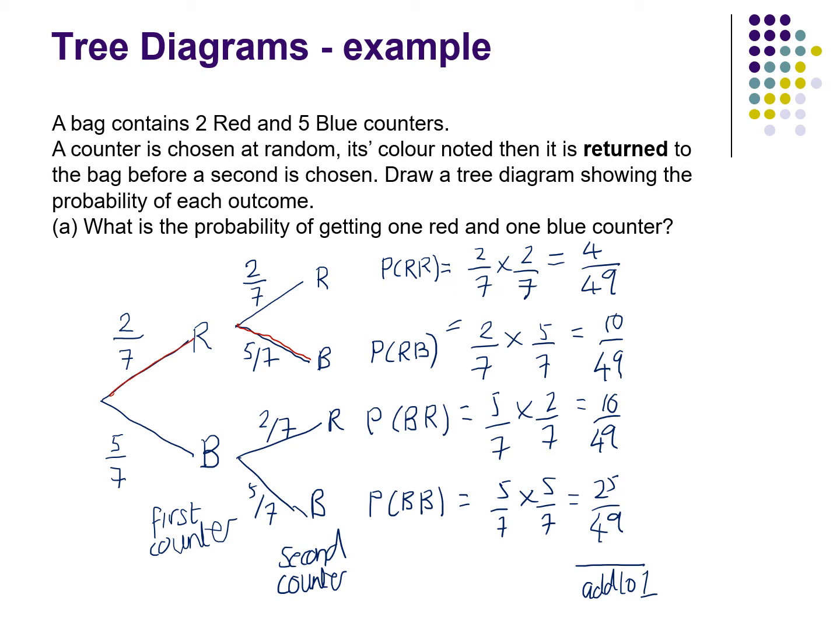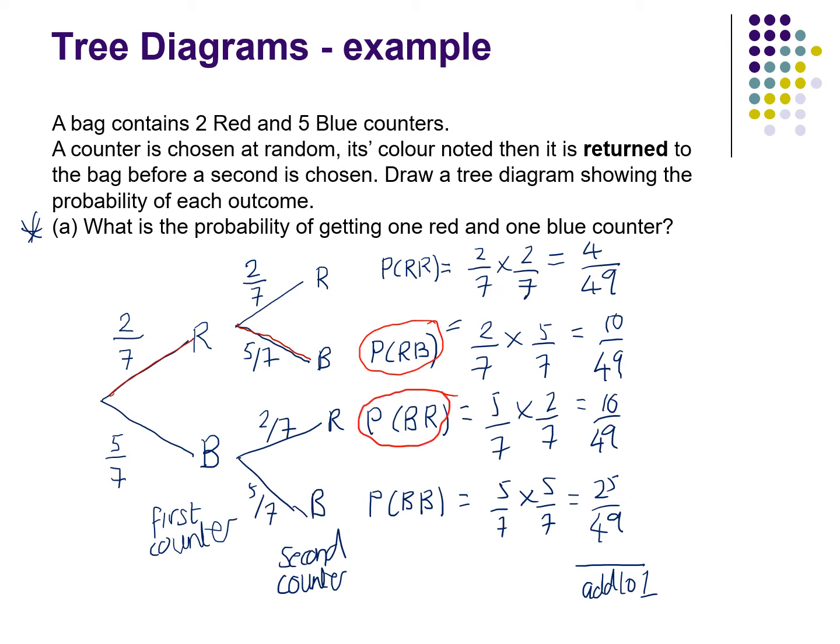Let's read what the question says. The question says, what is the probability of getting 1 red and 1 blue? So we need to have a look at our outcomes to decide which of those fulfill that criteria. 1 red, 1 blue. It's going to be that one, 1 red, 1 blue, and that one, 1 red, 1 blue.